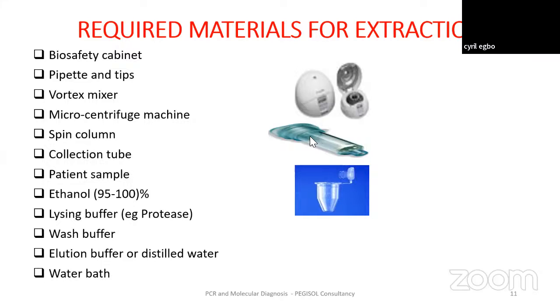Then this one that I'm pointing out, the greenish one, is what we call the spin column, while this one with the blue background is what we call the collection tube.